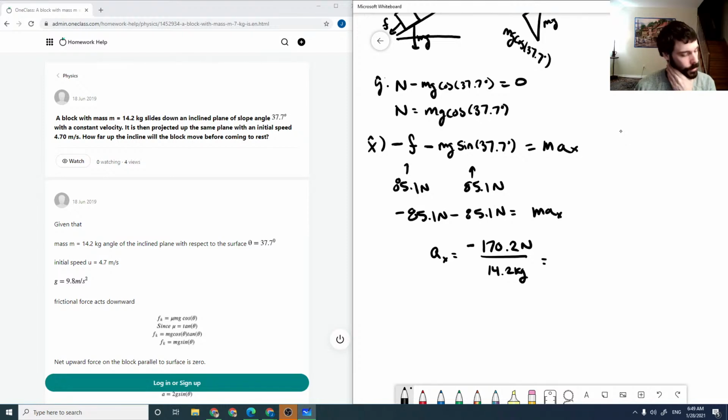So then this equals minus 11.986 meters per second squared. Okay, so then there's our acceleration.